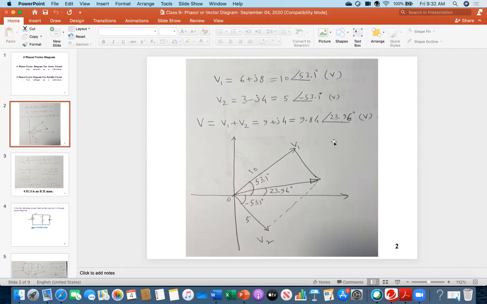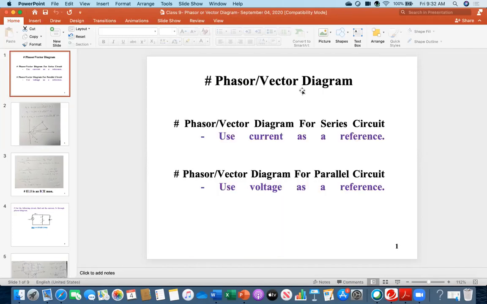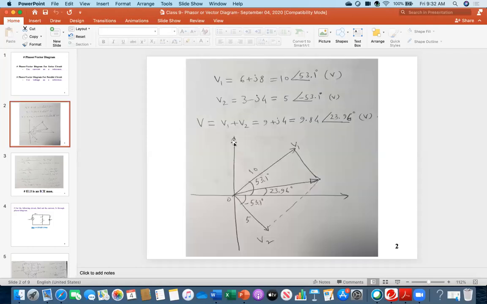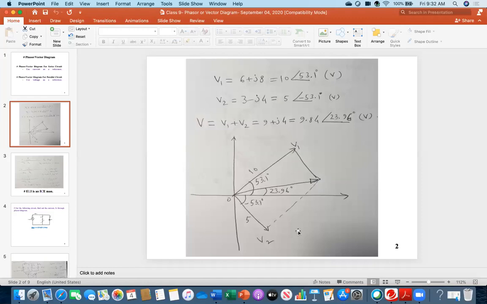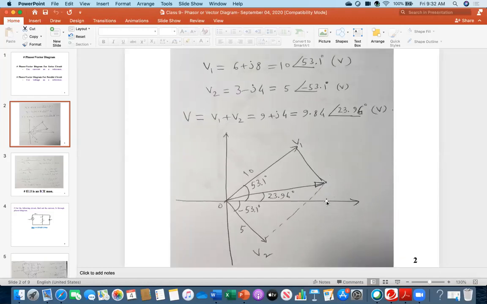Now, because we are discussing the phasor or vector diagram, how can I do it here? That's the question. The way you make a graph in geometry, exactly the same thing. This is the x-axis, this is my y-axis.